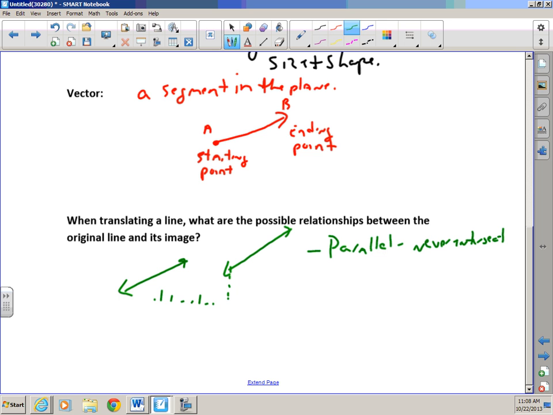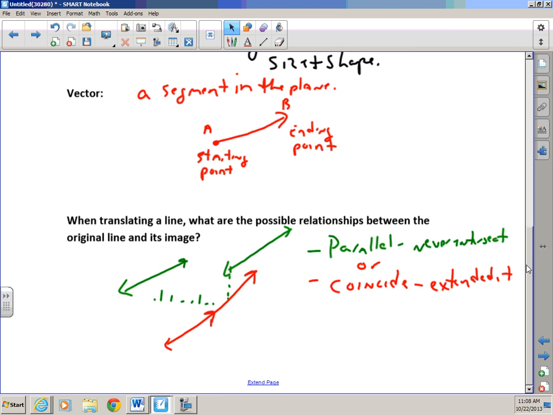So one result of translating a line is I create a second line that's parallel to it. Another possible result is I can take this line and extend it out, meaning I just went in one direction that way. Or the lines can coincide, which means I just extended it.